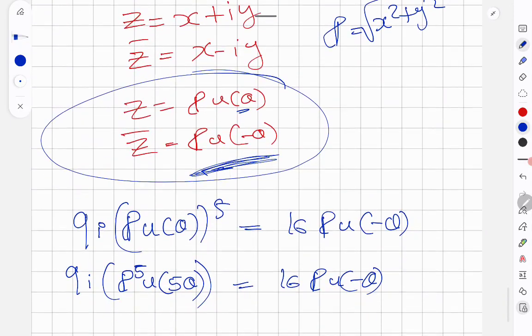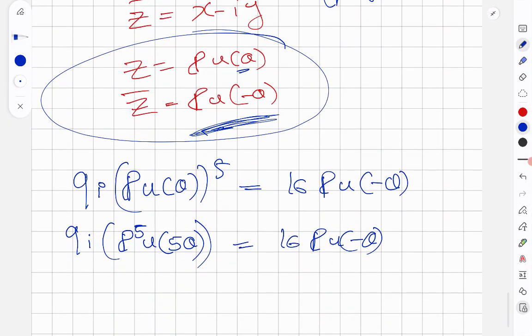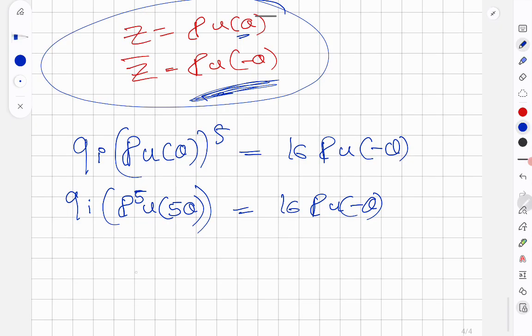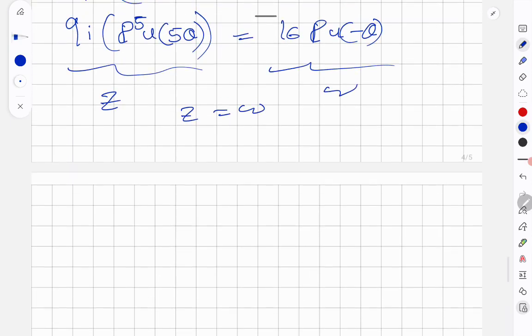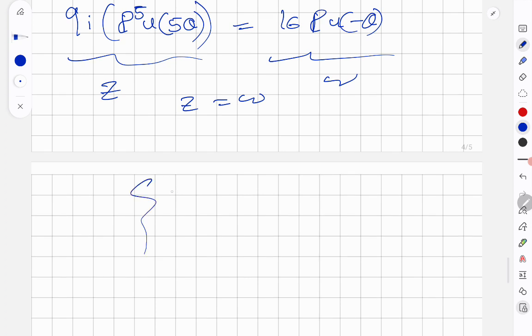Then you want to equate complex numbers. This is a complex number and this is a complex number. Say this is z, this is w. If you want z and w to be equal, the first thing is that rho of z must equal rho of w, and the theta of z minus the theta of w should be k times 2 pi.